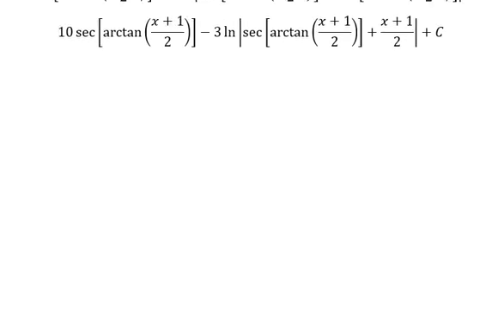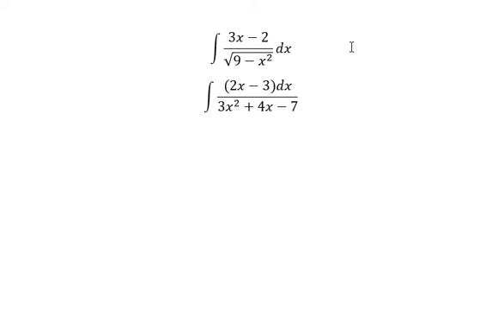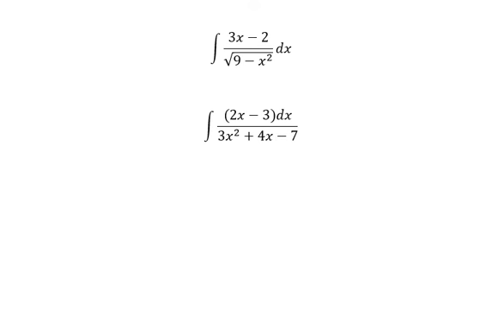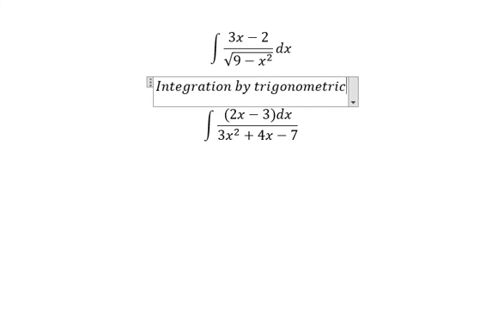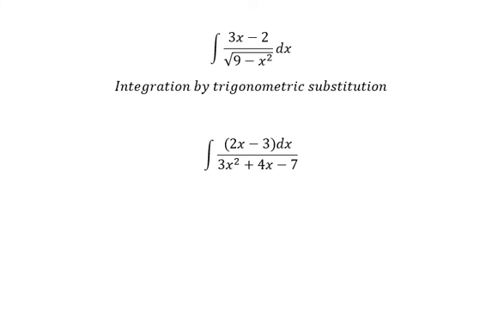Now let's go to the question number 2. So we need to use integration by trigonometric substitution. So we need to put s equal to 3 sine t. So if we put this one in here, you will get 9 sine t square.